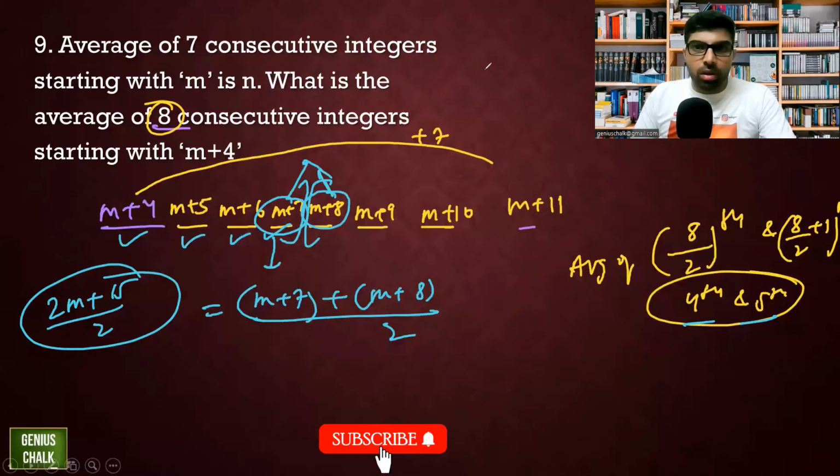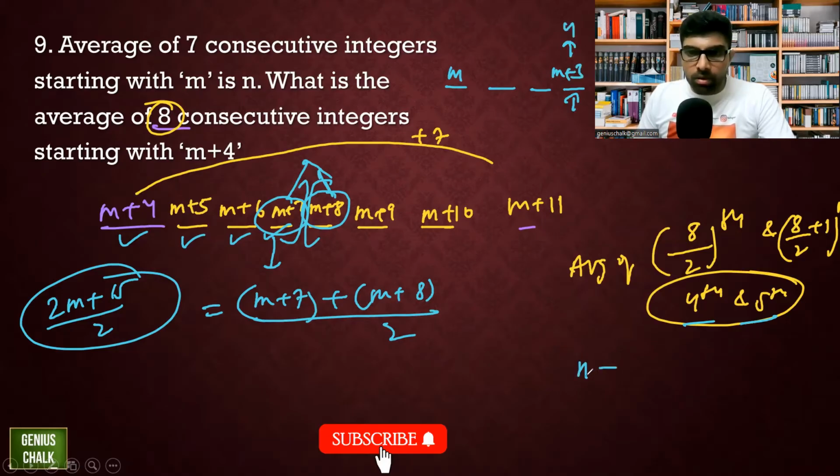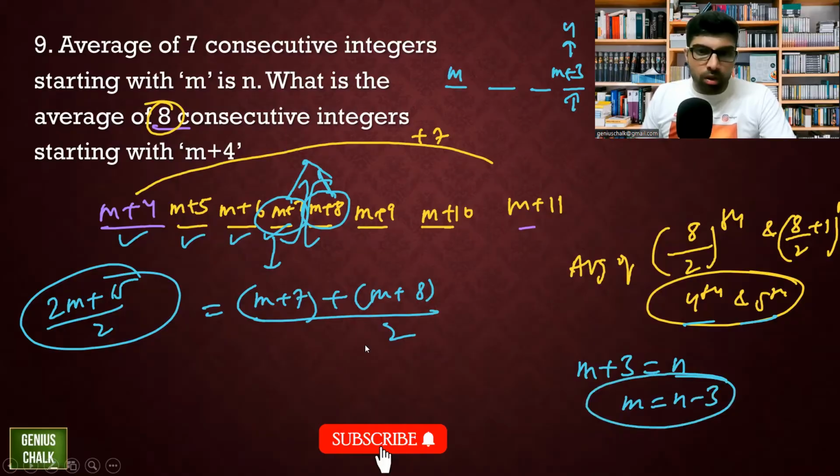We have done this because first was M, then M plus 1, M plus 2, M plus 3. The fourth observation was the average and its value is N. So we can write M plus 3 is equal to N. So M will be N minus 3. So just put it here now and get your result. So M is N minus 3.